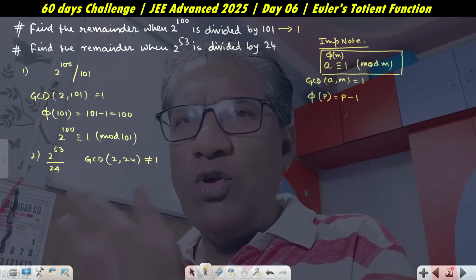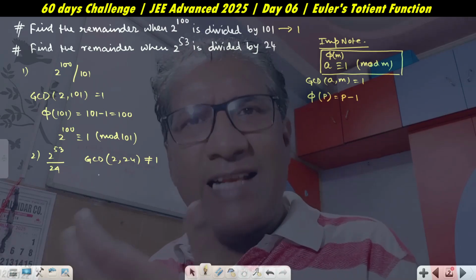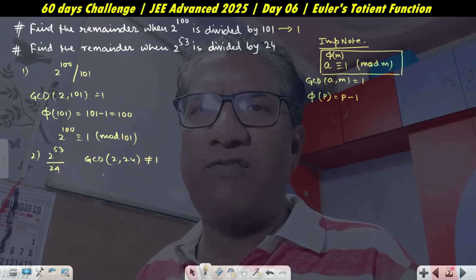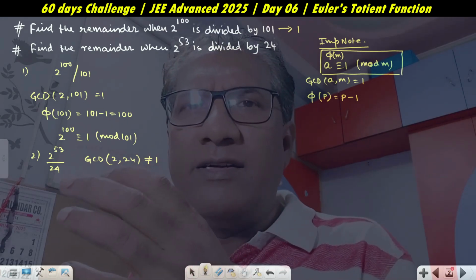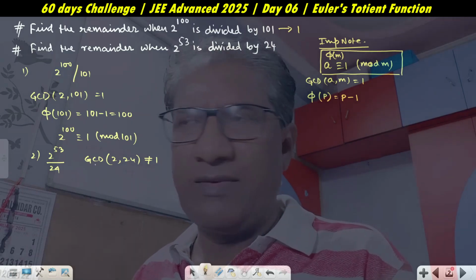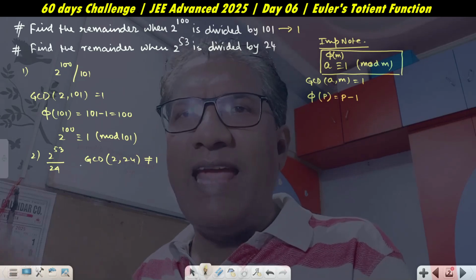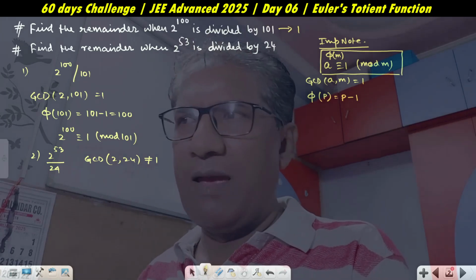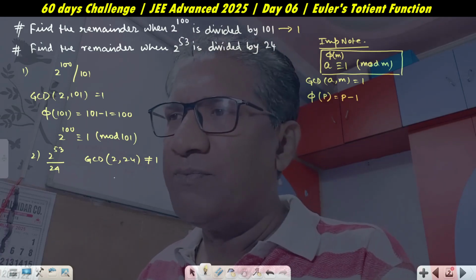If I want to use the Totient function, the only condition is that the base of the dividend and the divisor should be co-prime. But in this case, 2 and 24 are not co-prime to each other.